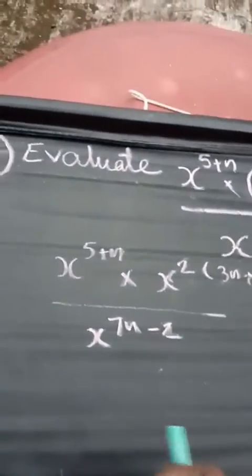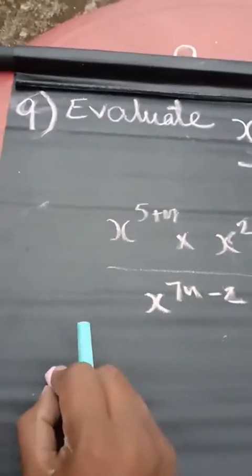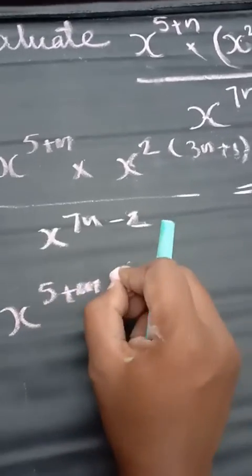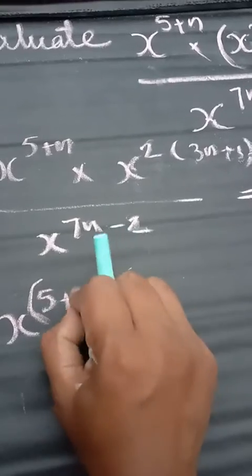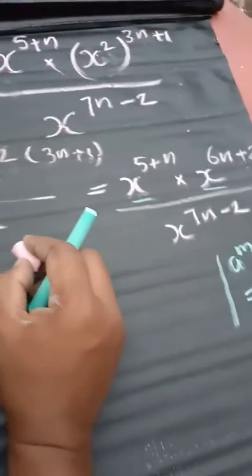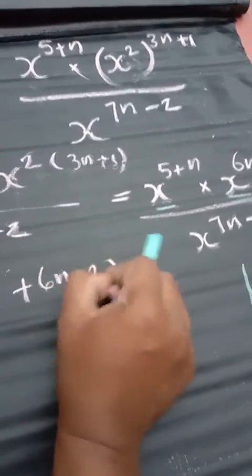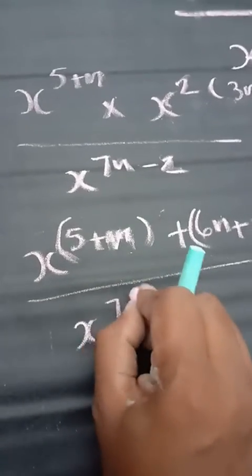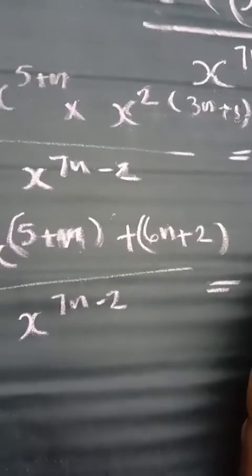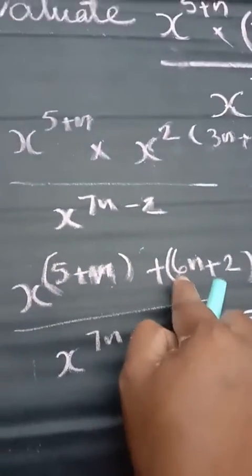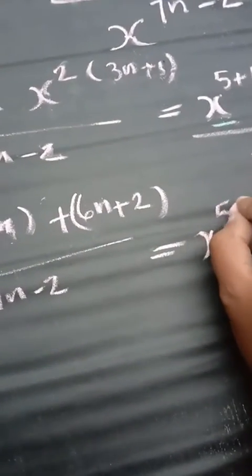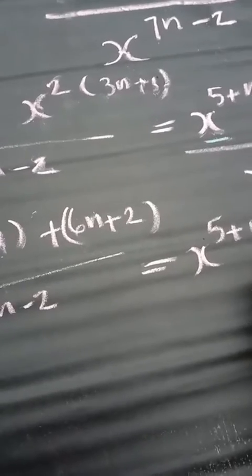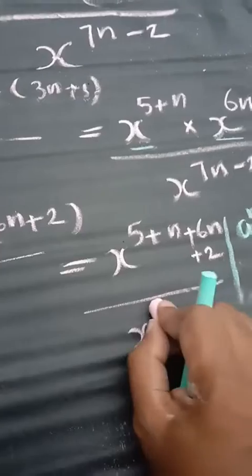So which is equal to x raised to 5 plus n plus 6n plus 2, divided by x raised to 7n minus 2.